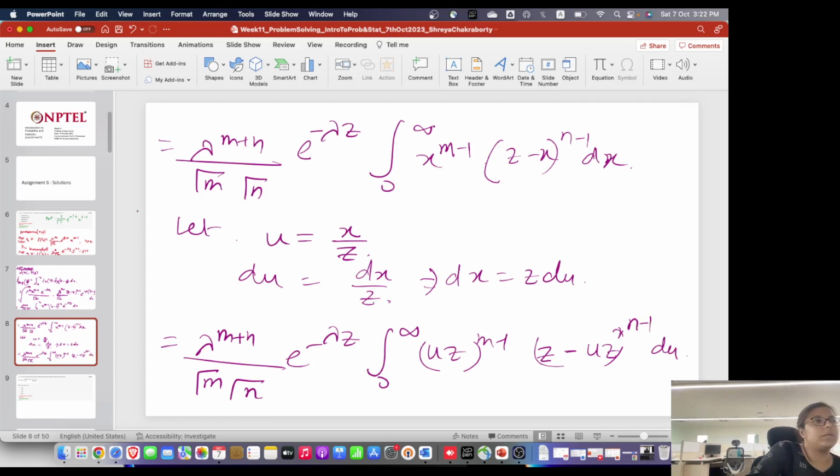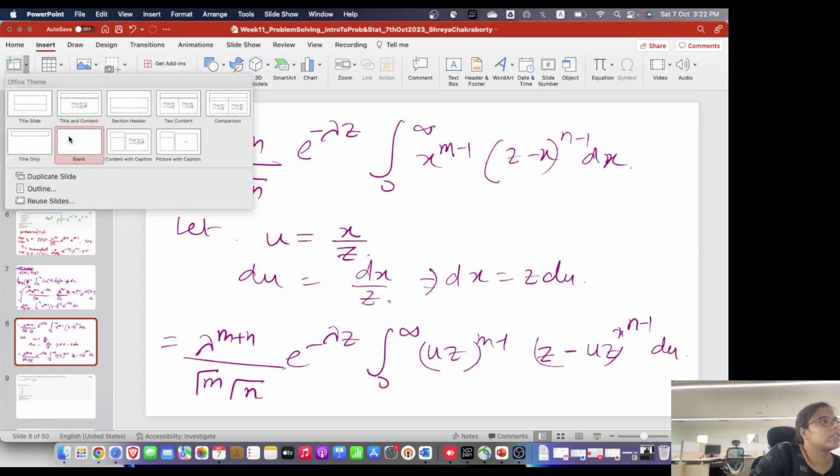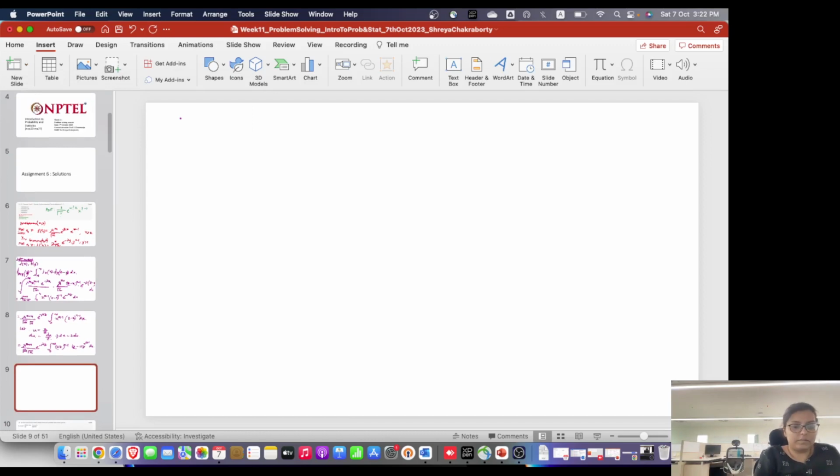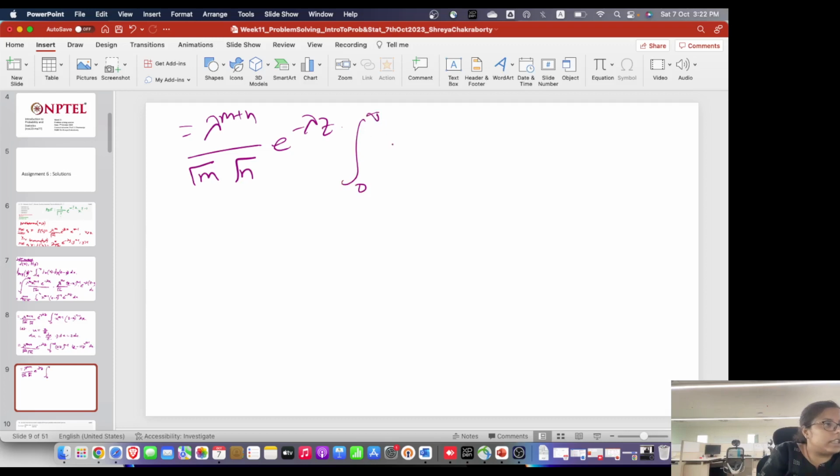This equals lambda to the power m plus n by gamma m gamma n, e to the power minus lambda z, the integral of u to the power n minus 1, (1 minus u) to the power n minus 1, into z to the power m minus 1 plus n minus 1, dz.